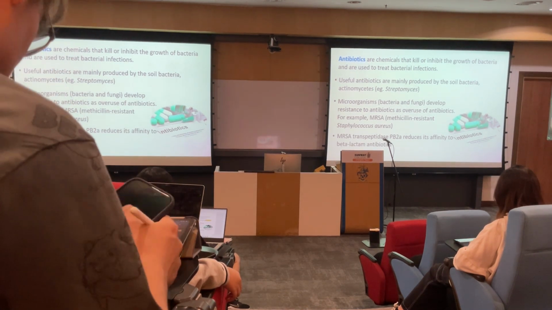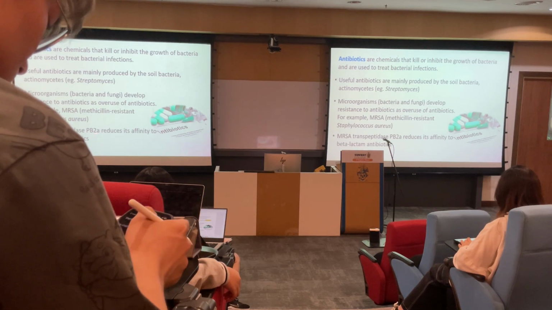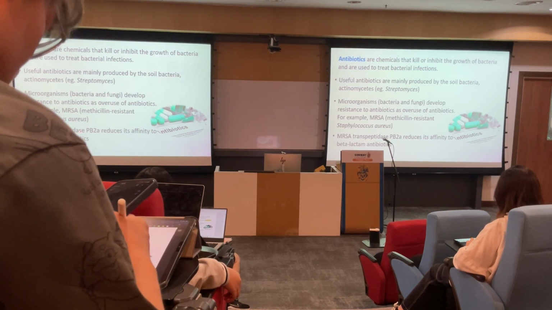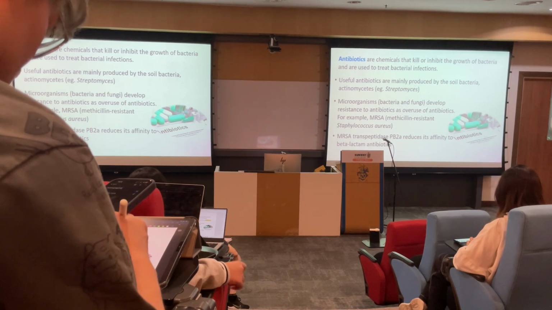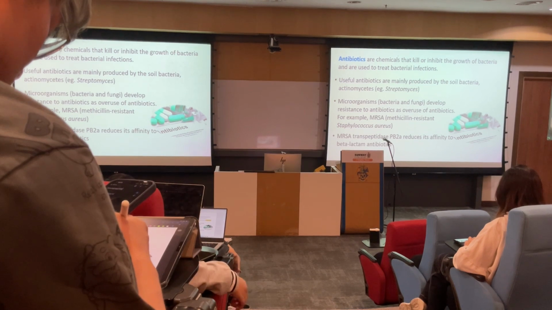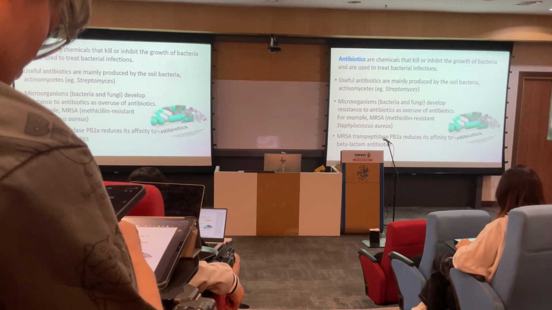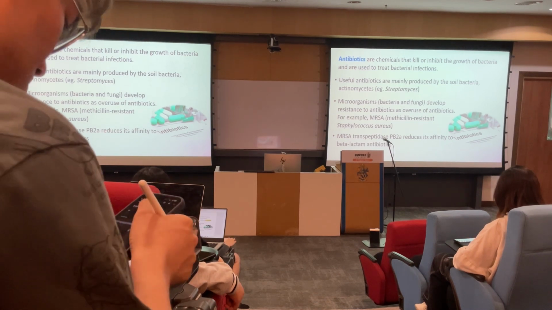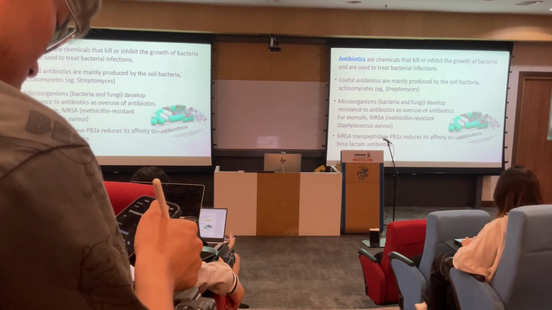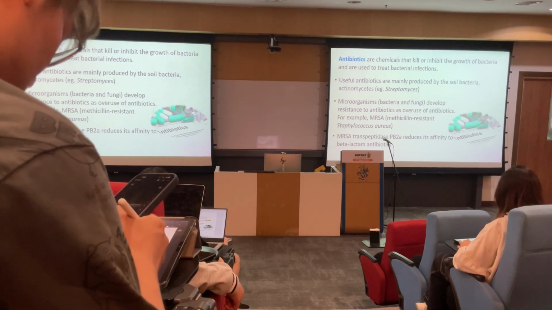However, they start to have mutations on this transpeptidase, therefore the penicillin family, the beta-lactam family, is no longer able to target it because it has been slightly mutated. So it has reduced affinity to this beta-lactam antibiotic. All right, so that's the problem.